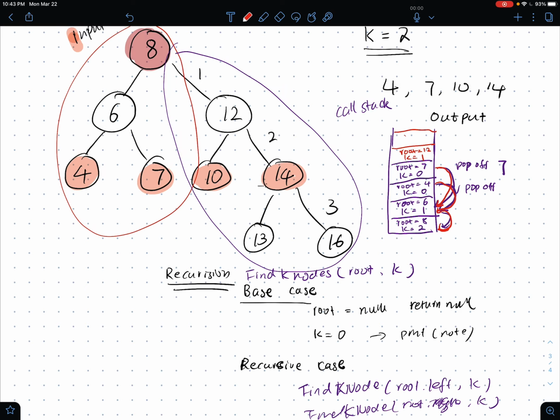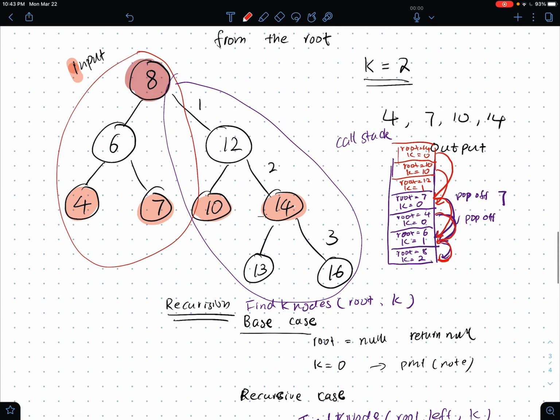And then we have root equals 10, k equals 0, and then we go back. Right, we go back to this one. So this is basically how this works.